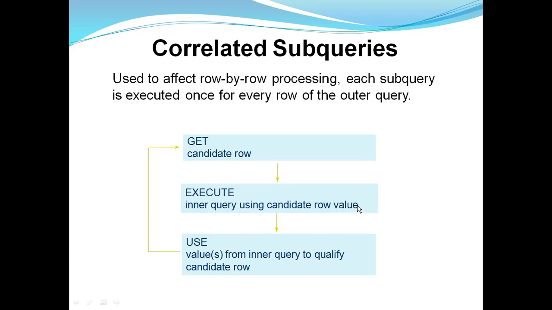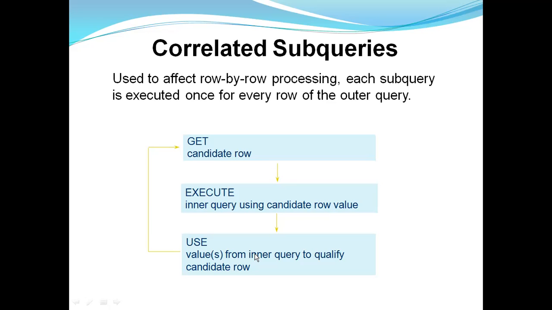The simple meaning is that the inner query is asking for a certain value from the outer query. So it takes a value from the outer query, executes, and passes the value again to the outer query. Now the third step: the outer query will use that value to qualify that candidate.